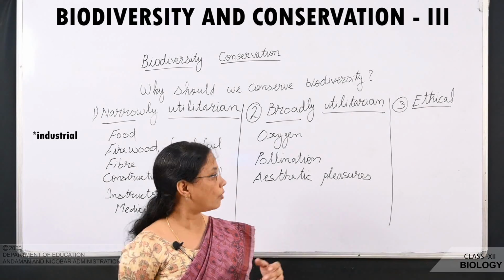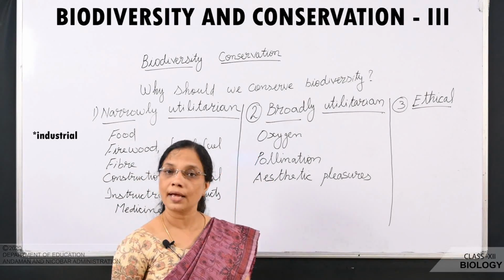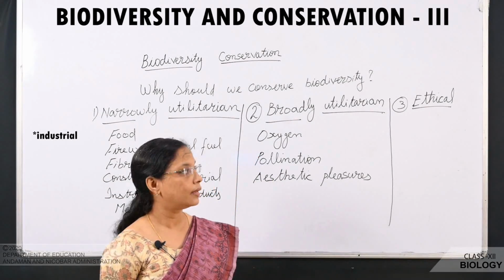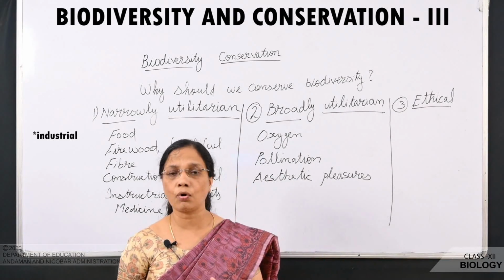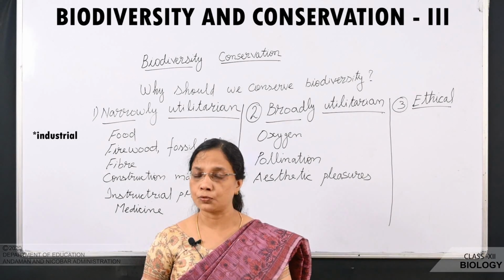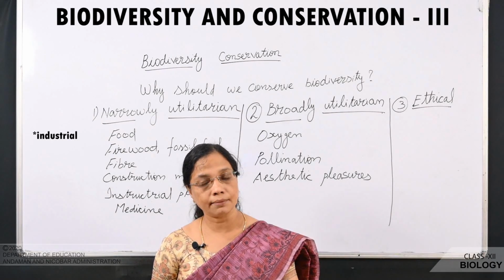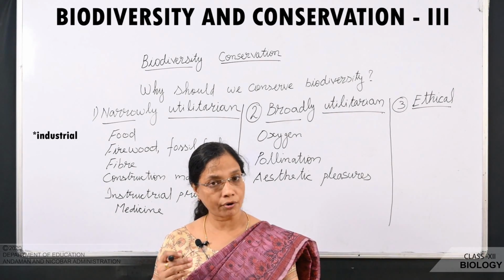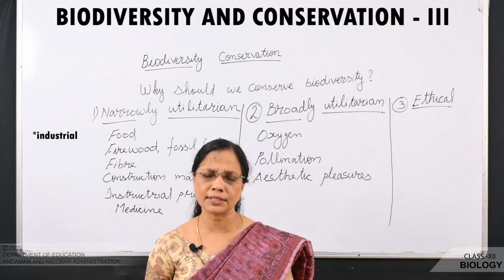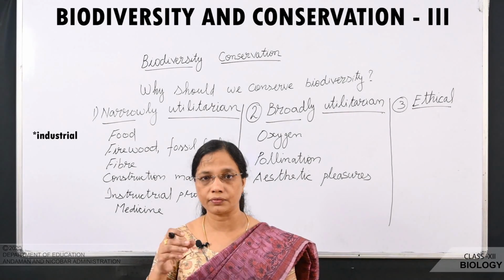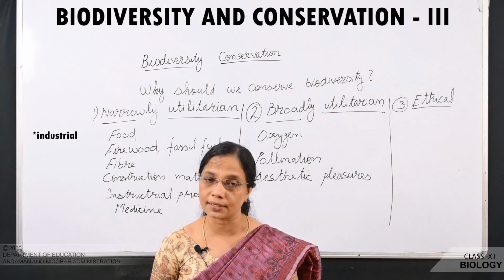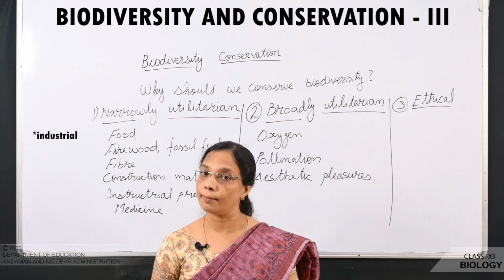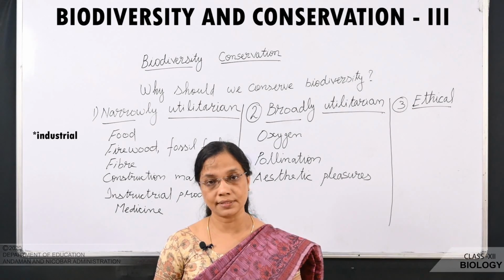It is in the form of oxygen, pollination, aesthetic pleasure we have seen. Ethical: since we are sharing this planet along with other species of plants and animals and microbes, it's our moral duty to conserve each and every living organism of this earth and to transfer this biodiversity to the next generation without causing much damage. Is it clear, children?